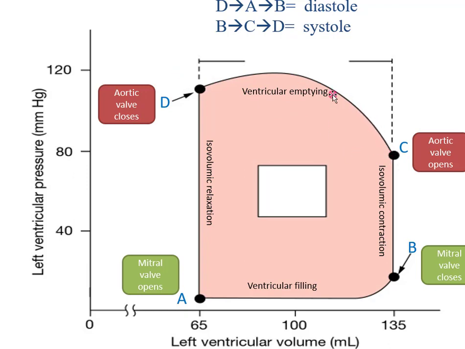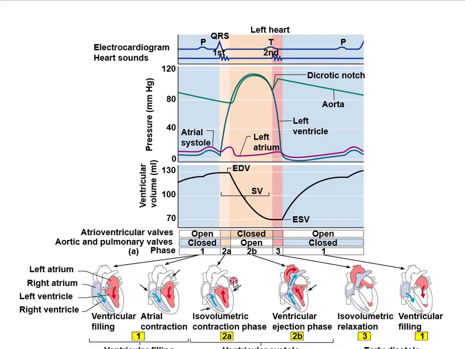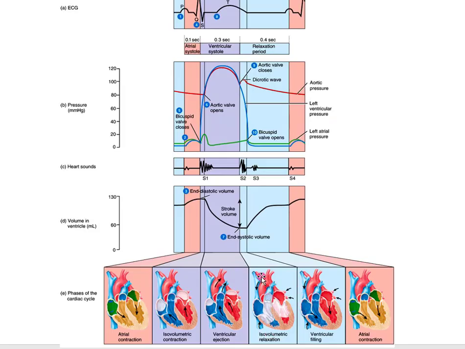So this phase, C to D, is represented by this phase right over here. From this point right where the cursor is, right where isovolumic contraction ends, right to this point where isovolumic relaxation begins, if we slide down, we'll see that this is isovolumic relaxation. So this part right over here is C to D on that other slide.